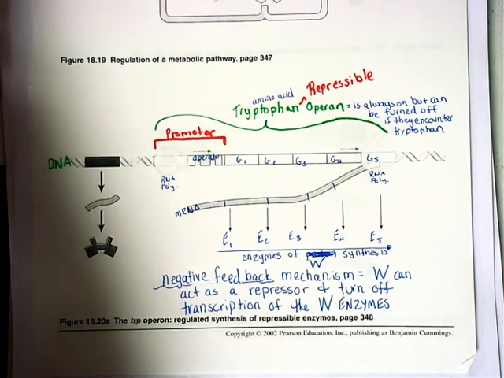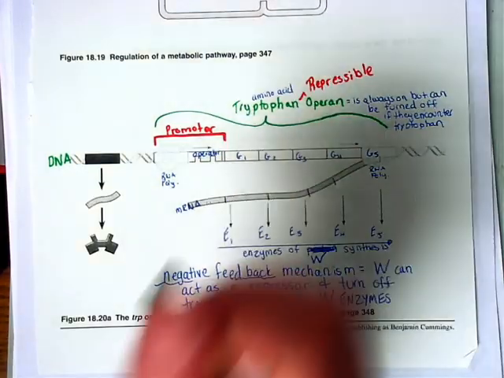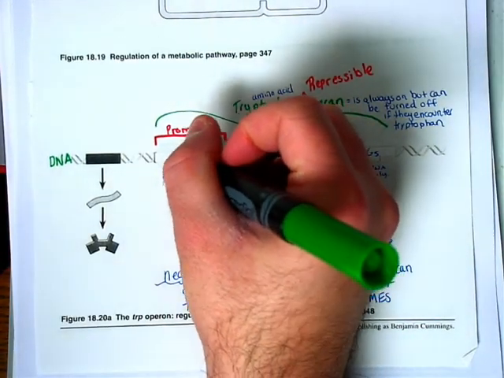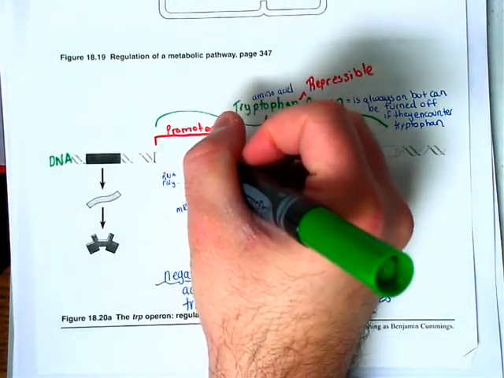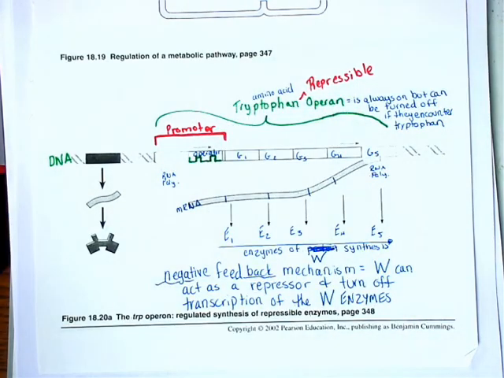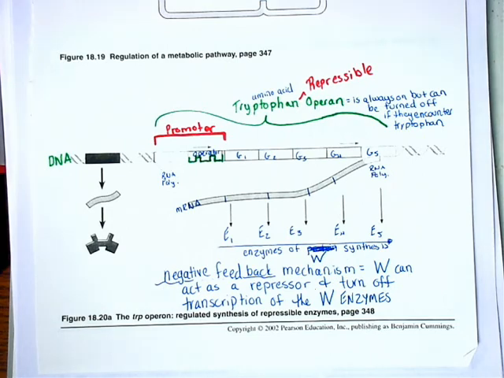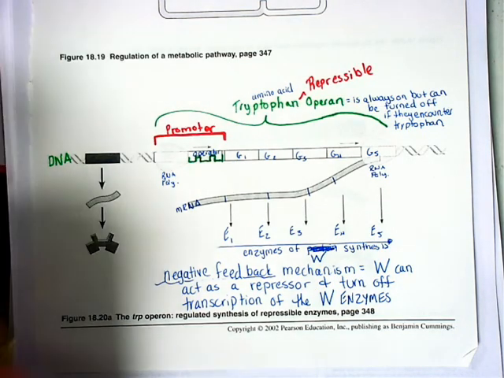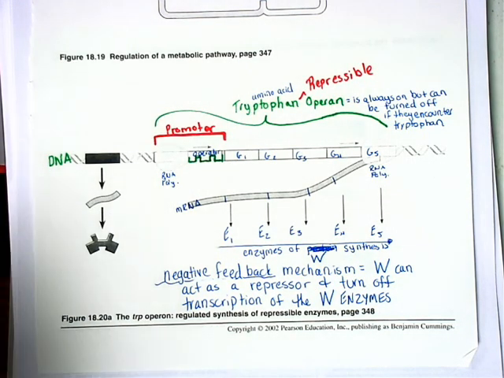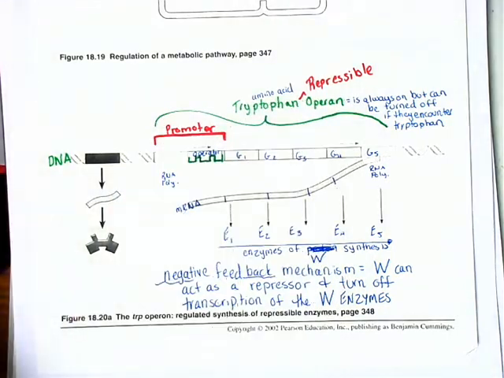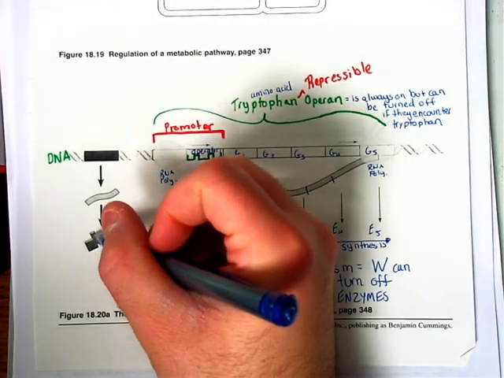So what you'll see here in your operator region is, do you see this little fit that we got going on right there? Y'all see that, right? There's these holes, or this opening. It's like there's going to be this perfect fit that would occur. And you actually do have a repressor. So there's your repressor molecule. But do you see how this shape is? It's not going to fit in there.